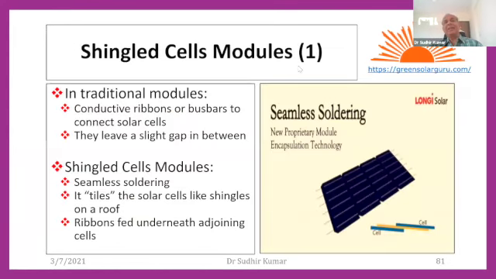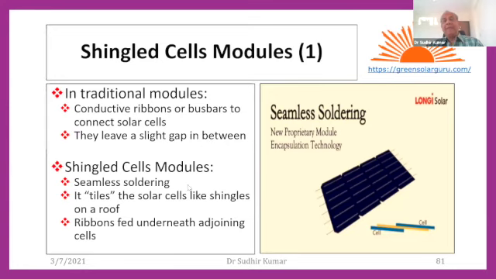Shingle cell modules. Shingle cell modules are basically a very simple thing. Last time I told you that normally the top of one cell is connected to the bottom of the other cell through small strips.